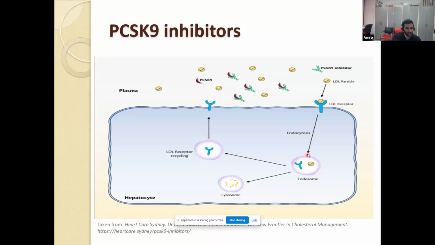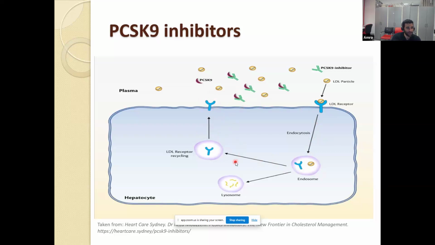They undergo degradation through these lysosomes, which prevents them from being recirculated back up to the surface. So the more PCSK9 you have, the more LDL receptors end up getting internalized in the liver and degraded in the lysosomes, and then you get a reduction in LDL receptors. But we need LDL receptors because they will suck in our LDL cholesterol.